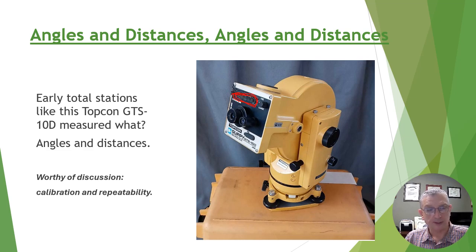And I have operated a Guppy GTS 10D. It had a smaller battery, but the battery plugged in, and when you were ready to measure a distance, you flipped the battery on, and that powered the unit. 8 or 10 seconds later, you got the first distance displayed. And that's after you dialed in through the telescope here, focused over here, and looked at the prism.